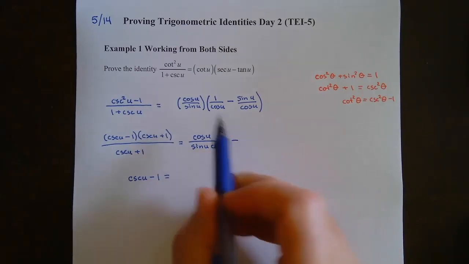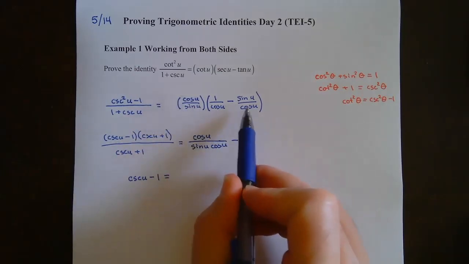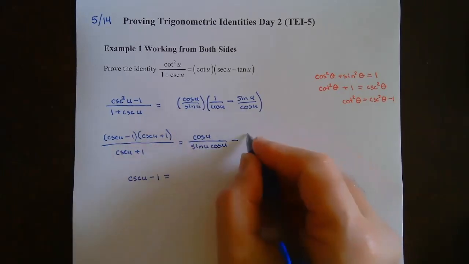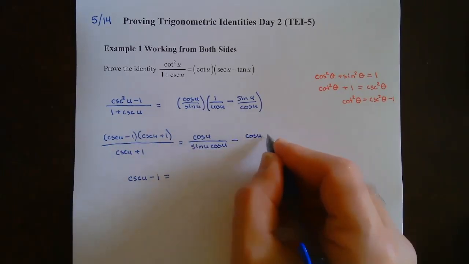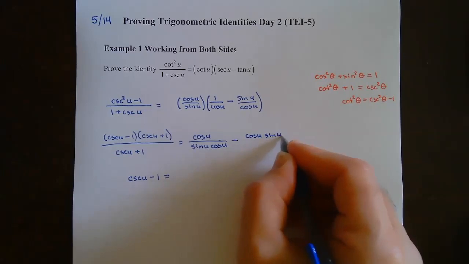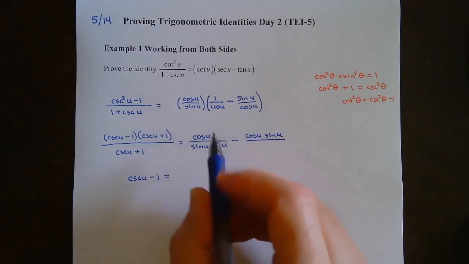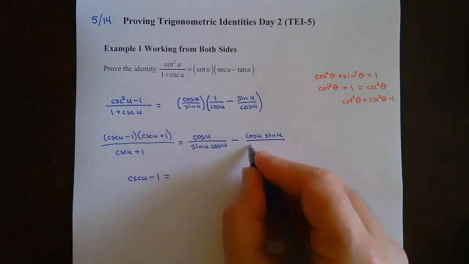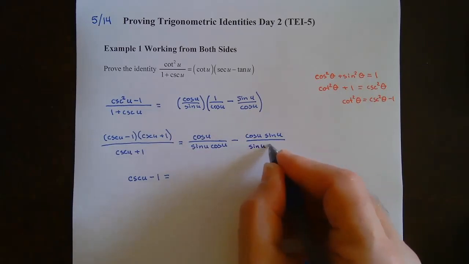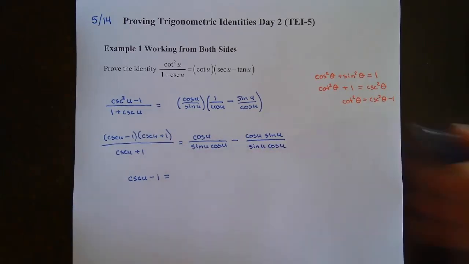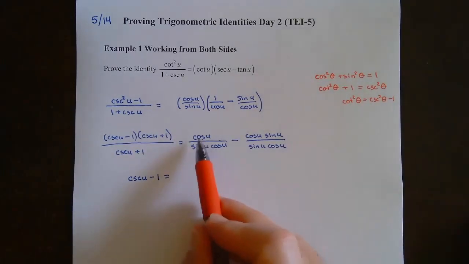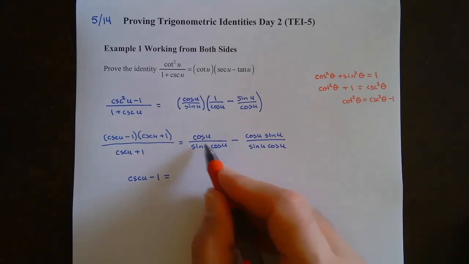And then minus, and then we got to multiply this with this fraction, right? So this would be cosine u sine u over sine u cosine u. Okay. Now, if you look, these cosine u's right here, we can cancel, right?